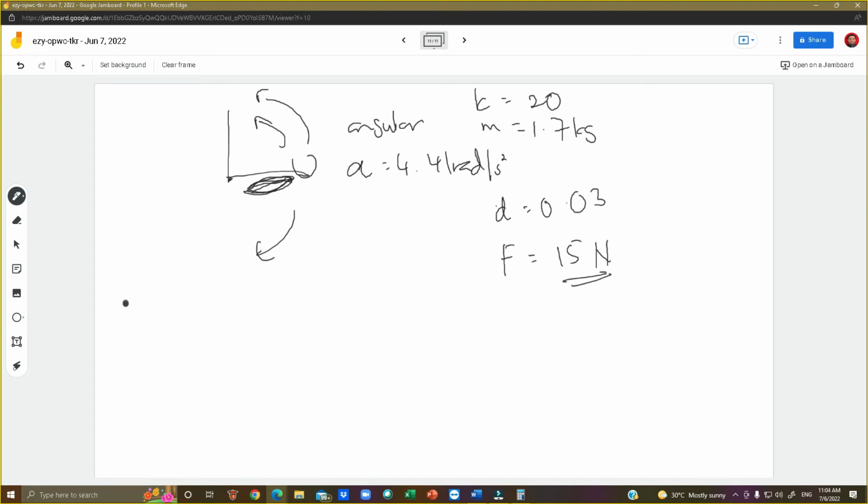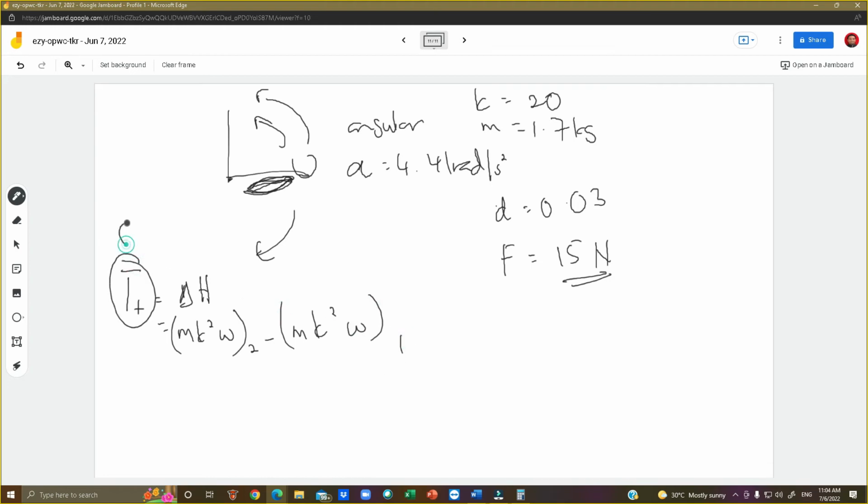Tips, a clue. We know that impulse is the change of angular momentum, mk squared omega 2 minus mk squared omega 1. And we know that impulse is also mk squared alpha. So if we change this equation, we are going to have mk squared alpha 2 minus mk squared alpha 1.